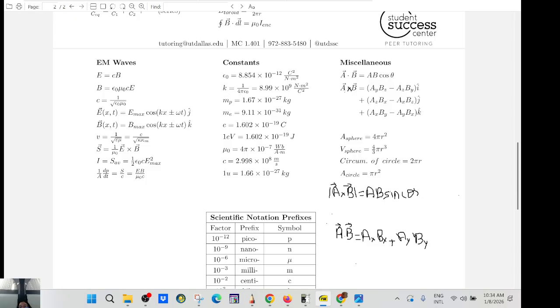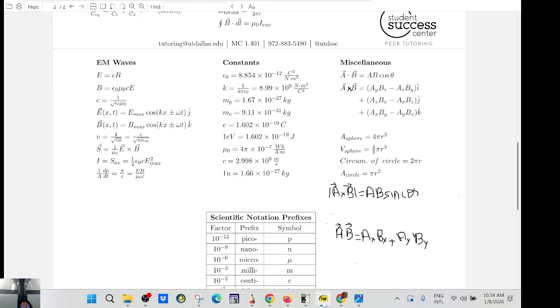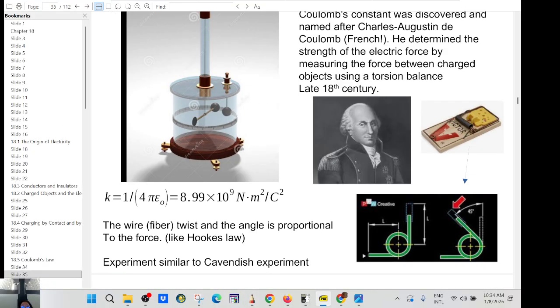The electric constant is 1 over 4 pi epsilon 0, which is 9 times 10 to the 9. Agree? And you have the charge of an electron, the mass of an electron, the mass of the proton. So it's very useful. For electrostatics, we're going to use epsilon 0. And then for magnetism, we're going to use mu 0. So it's just a definition.